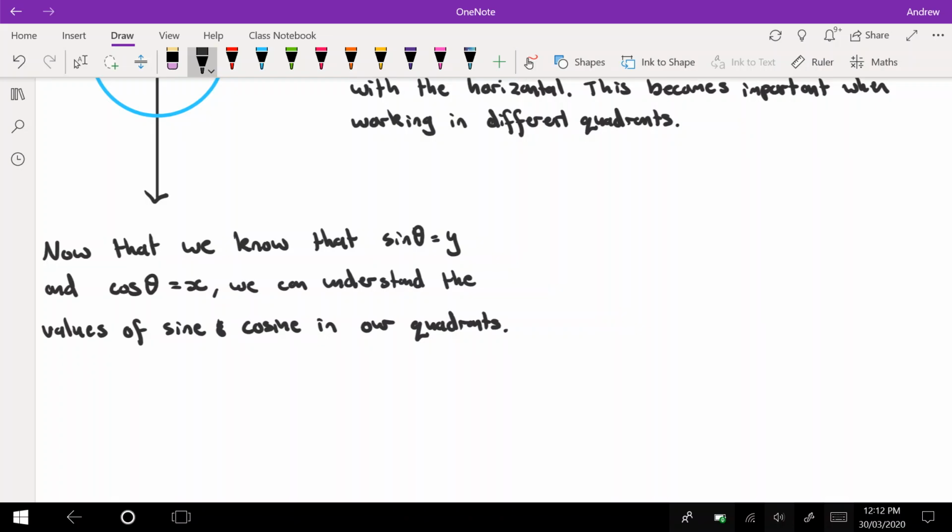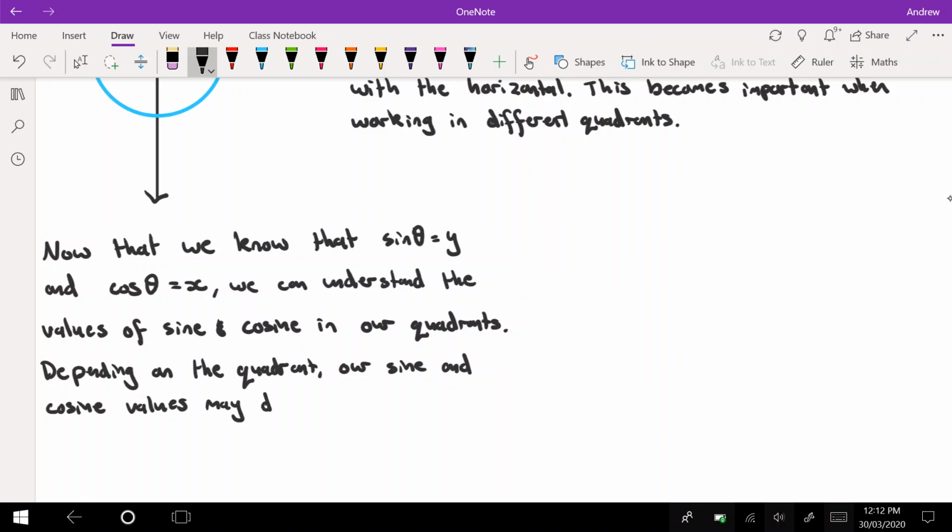It's really important to consider your 4 quadrants and our sine and cosine of each one, especially when we're going to get into exact values, which is a bit later on. But depending on where our angle is, depending on what quadrant, our sine and cosine values may differ.